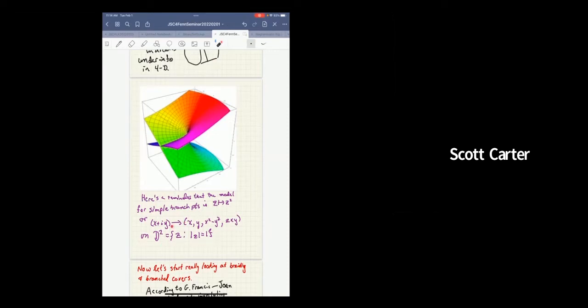If you look at that on the two-disk, you get something that looks like this. You project it into three-space with an orthogonal projection, you'll get something like this, and if you rotate it around, you'll see this branch point, this saddle going on here.